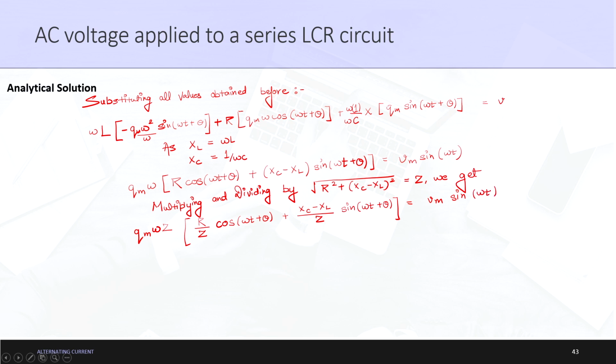If you look at this very carefully, let R by Z be equal to cos of phi. If this is cos phi, we can directly say cos phi cos of omega t plus theta plus sin phi sin of omega t plus theta. This is nothing but a trigonometric identity.